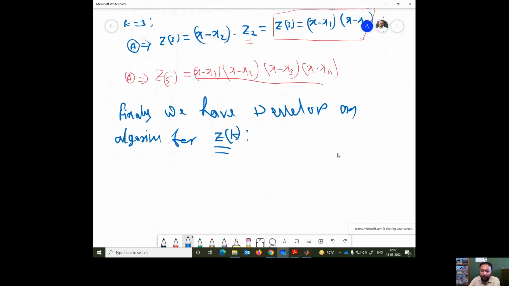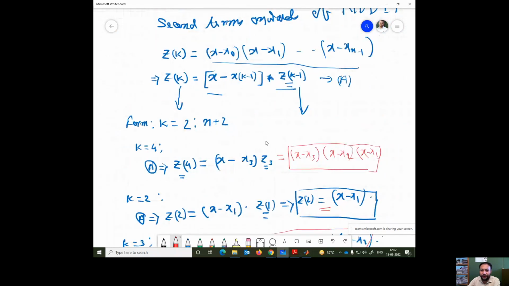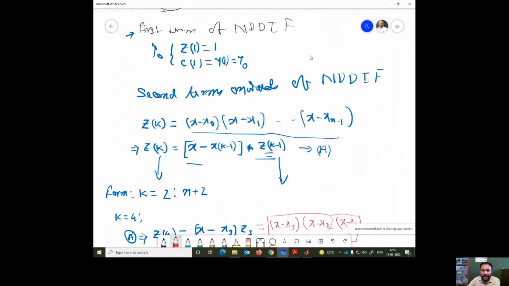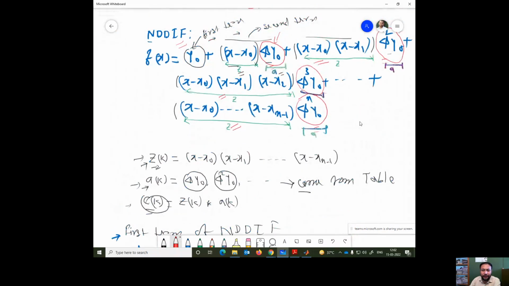What is the algorithm we have developed here? We have developed it here for the first term, right? For the first term, be careful here. For the first term in the Newton divided difference interpolation formula, we have another algorithm.